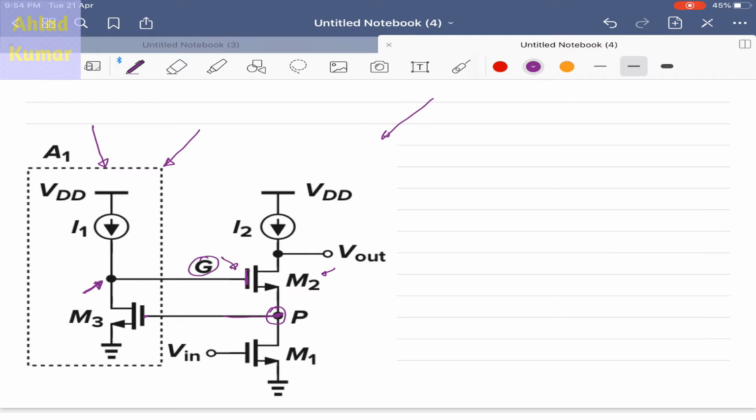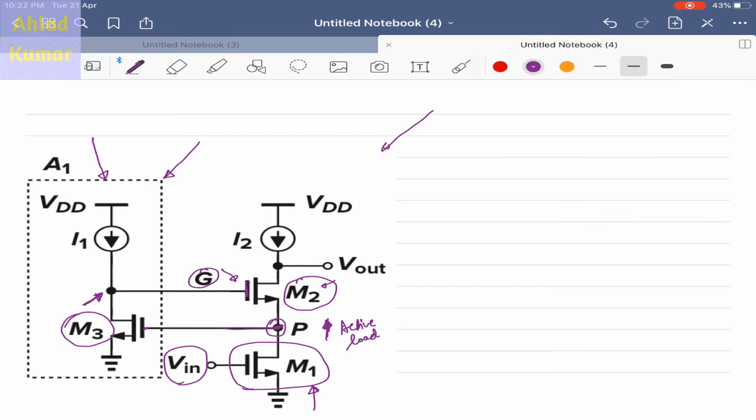So this is super transistor M2 with M3 acting as the auxiliary amplifier, and here you can see that M1 is acting as a common source amplifier where we are applying input to its gate terminal, and this as a whole, at the top of this amplifier, is acting as the active load for this M1 transistor.